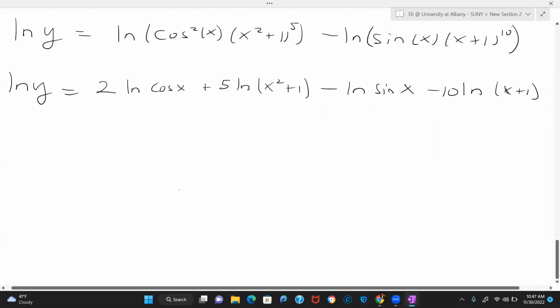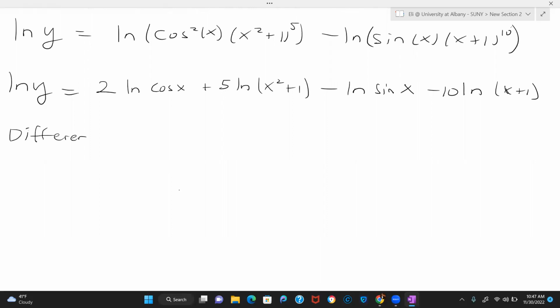Now differentiate. At this point, we differentiate. So we're using implicit differentiation on the left-hand side.